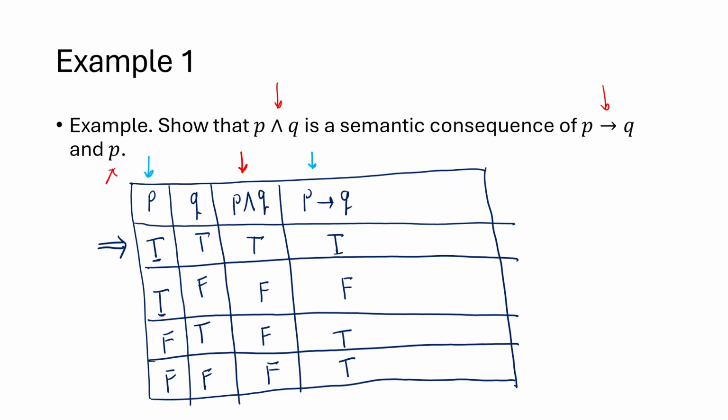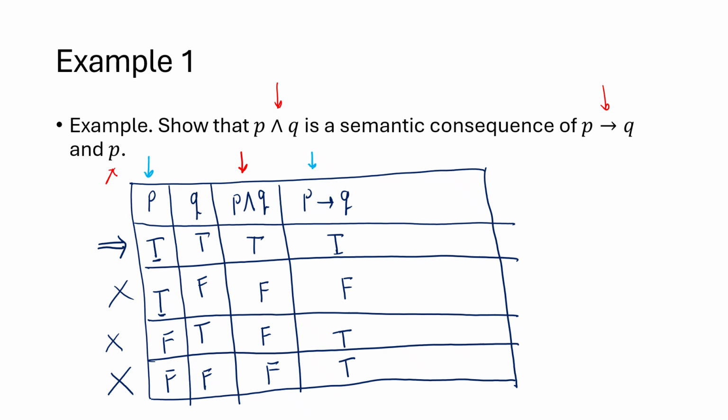So I'm not interested in this row. Third row, my first premise is false. P is false, so I'm not interested in that either. Also, in this row, one of my premises is false, so I'm not interested in that either. So there is only one row where both my premises, namely P and if P then Q, first column and last column, both of them are true.